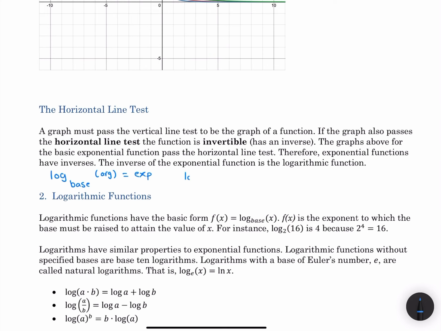So when we see something like log base 2 of 32, that's going to equal 5, because we could rewrite this logarithm as the exponential equation 2 to the 5th equals 32. So logarithms output exponents. They answer the question, 2 to what power is 32?